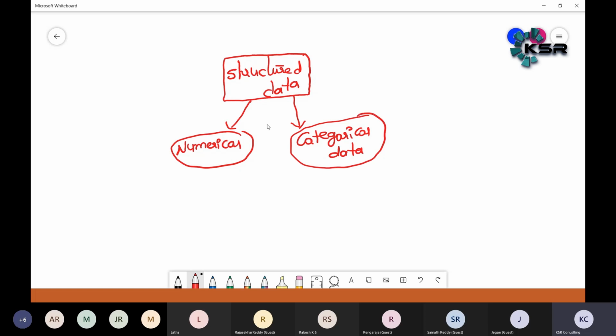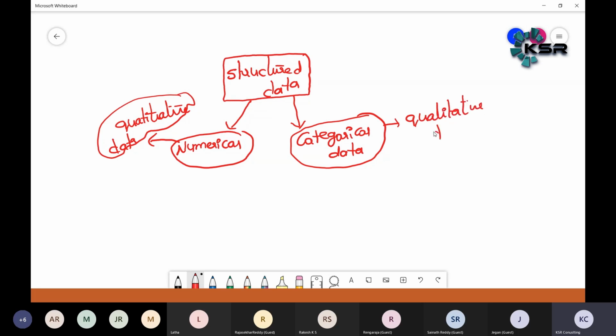Numerical data is also called quantitative data, whereas categorical data is also called qualitative data.